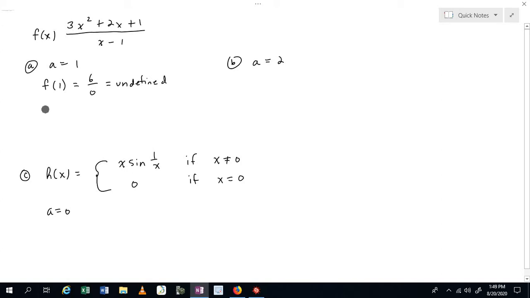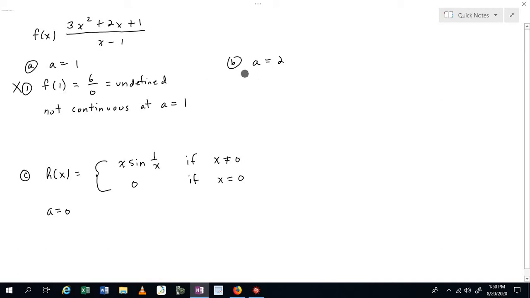So this is not continuous at 1, because it doesn't satisfy the first condition on that continuity checklist.